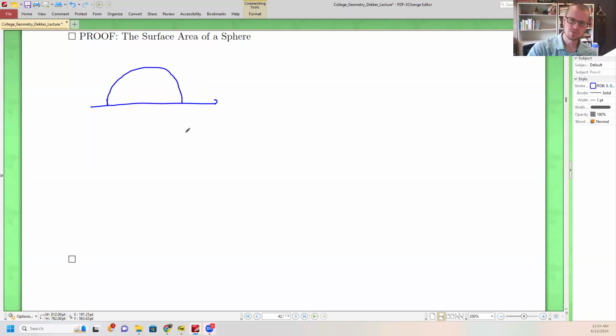Now, we want to find a formula for this as easily as possible, and oftentimes with circles or spheres, it's easiest to consider polar coordinates. So we're going to consider this to be the origin of the polar coordinate system, and we're going to use this idea for a surface of revolution.